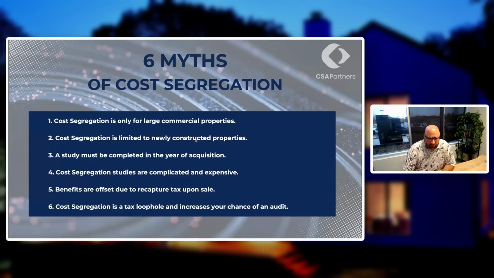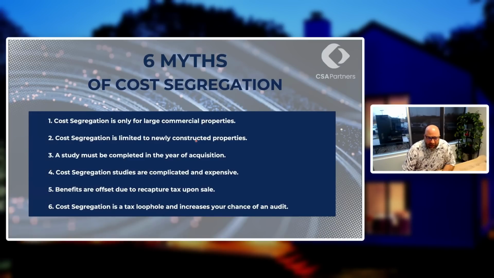The first one there is cost segregation is only for large commercial properties. In the past, that is absolutely true. When I started doing this 8 years ago, we primarily only worked with large commercial institutionalized investors, so people who were buying hotels, hospitals, casinos, large apartment buildings.